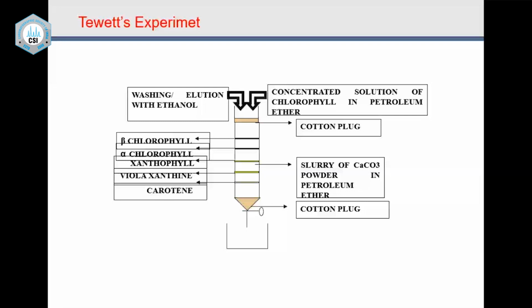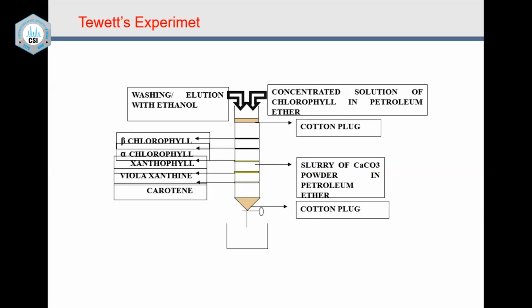But then the second question comes: okay, they have different migration velocities, that's fine. But why did they have different migration velocities on this particular column? So we have to understand that the chalk powder or calcium carbonate is an adsorbent. So it was definitely playing a role, and that is why the separation happened.